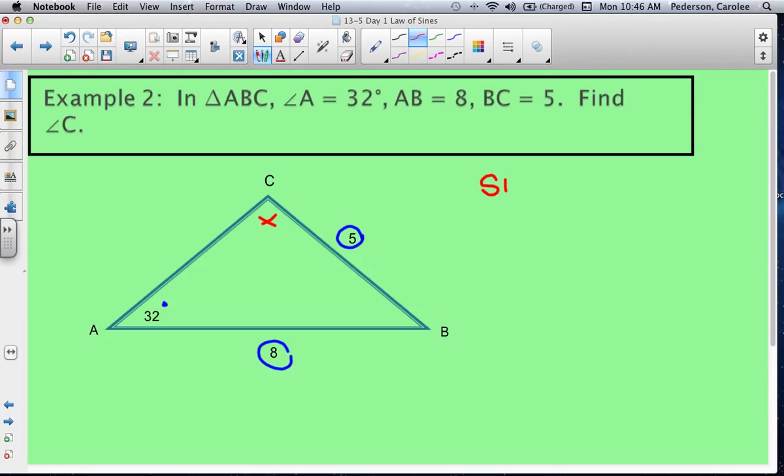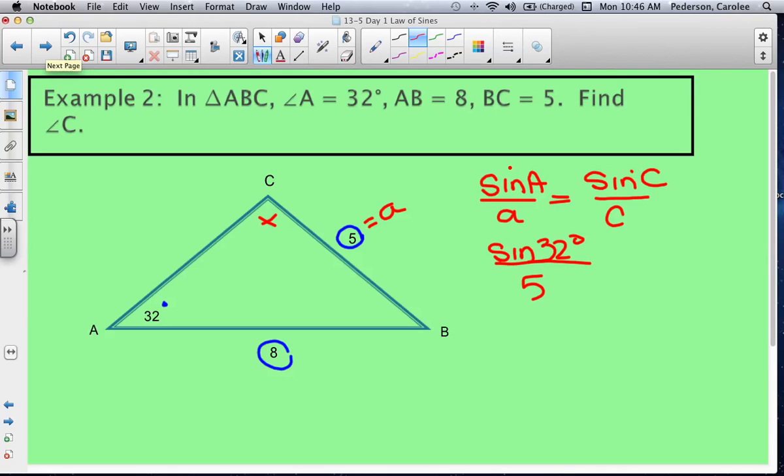The sine of A over A equals the sine of C over C. Well, angle A is 32 degrees. Side A is 5 equals the sine of C, C is our unknown, over side C, which is 8.